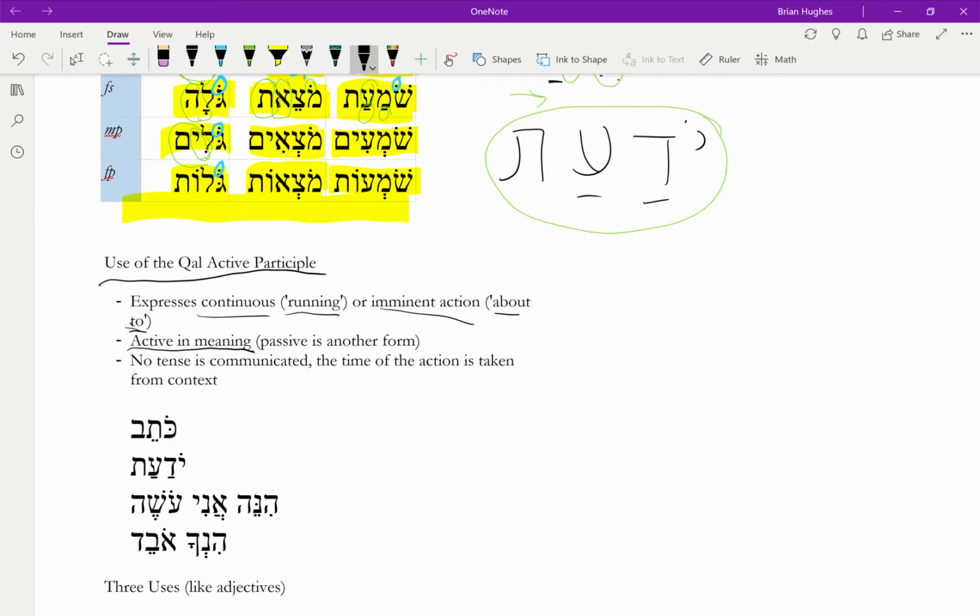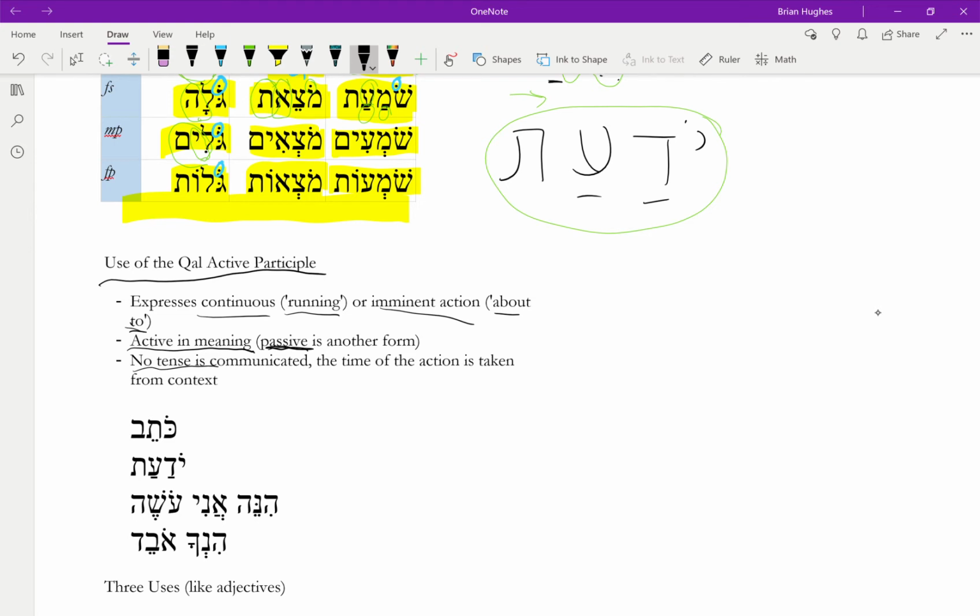That means that if you are reading this, then you're saying I was running, not I was being run. That's not a good example, but later in the semester we're going to meet the Qal passive participle, where one might be receiving the action, and I'll highlight this when we get into the substantive use of the participle.